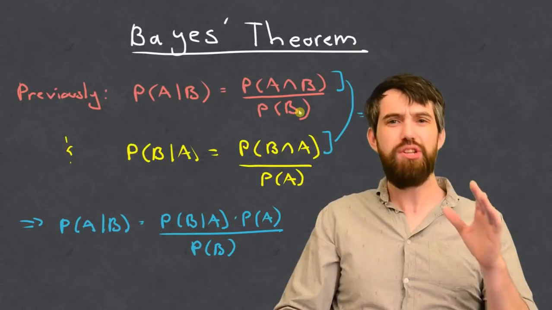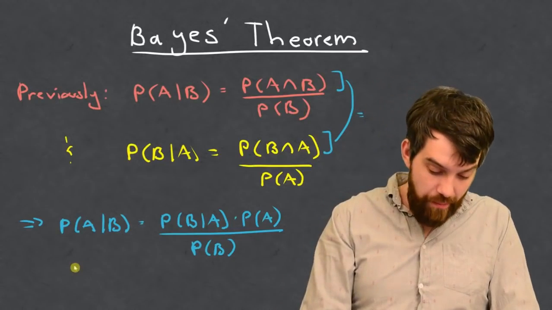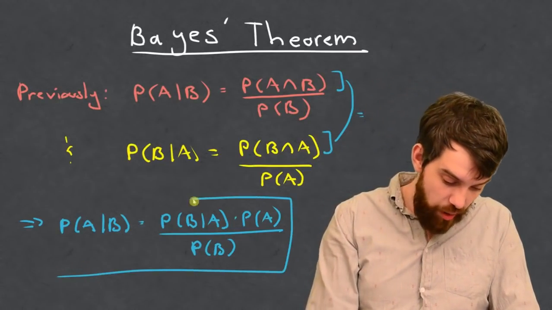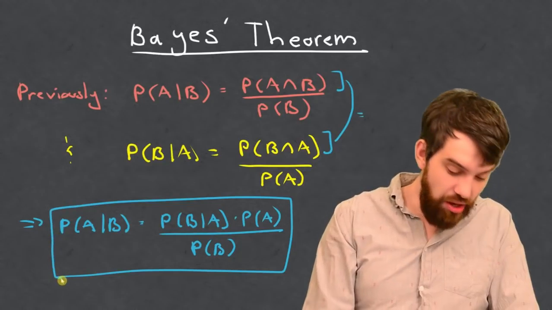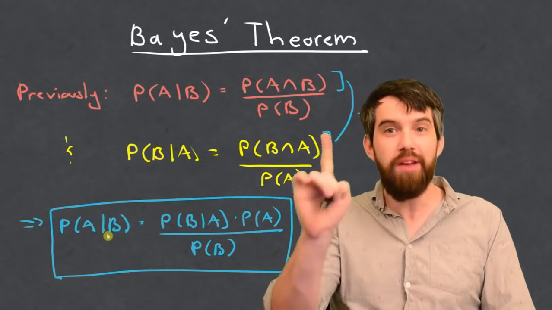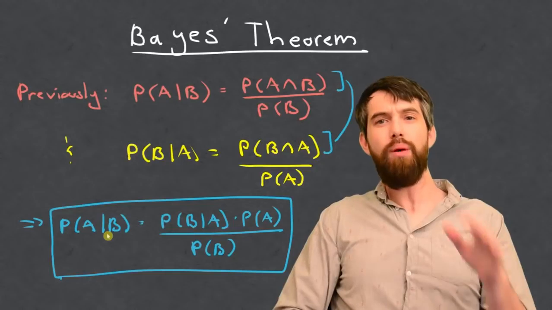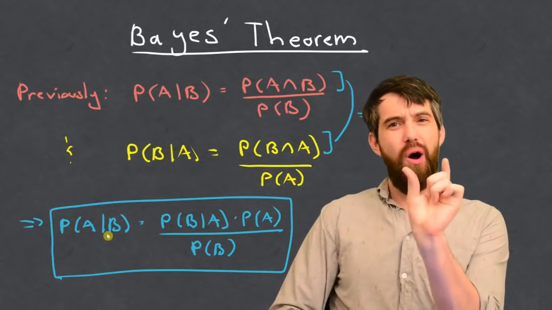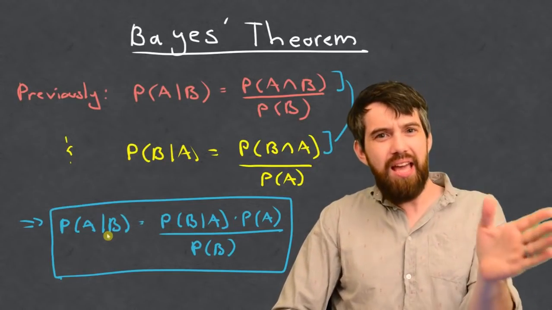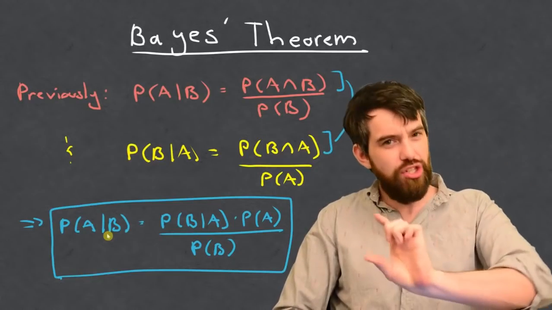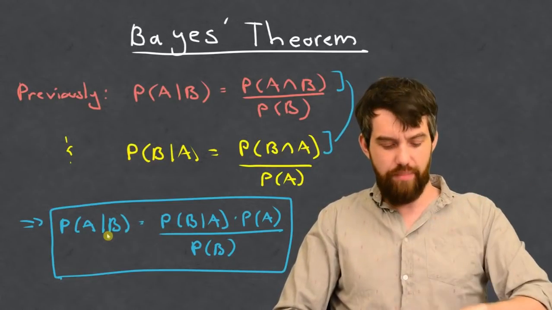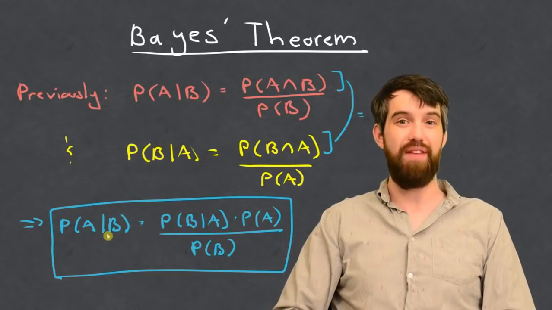This is Bayes' theorem, at least in the single case where we've only got one B that we're interested in. We can alternate between A given B and B given A by multiplying by this ratio, the probability of A divided by the probability of B.